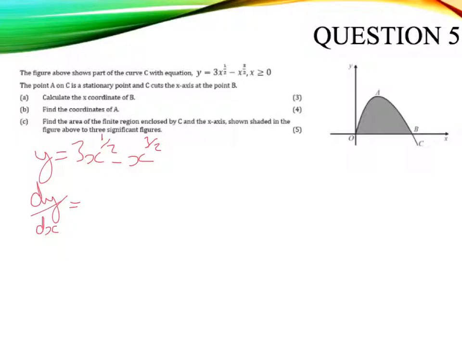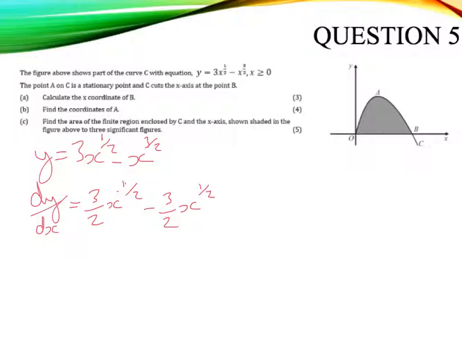We need to multiply by the power and reduce the power by 1. So I've got 3 over 2 x to the minus a half for the first term. Second term, multiply by the power, reduce the power by 1. So 3 over 2 now becomes a half.